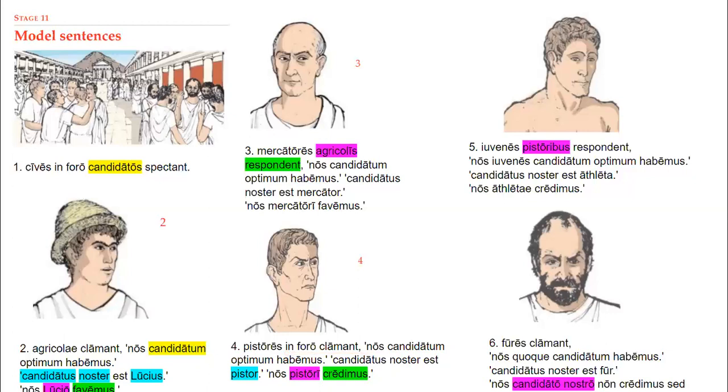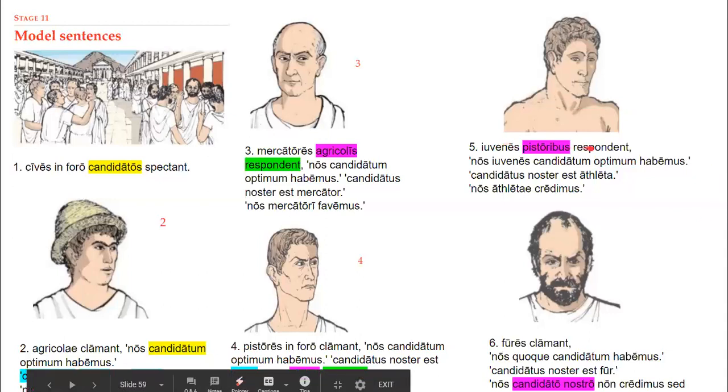Nos pistori credimus, nominative subject, dative of indirect object, or well, dative of advantage, and credimus is an intransitive verb that takes a dative. So we, to the baker, give our trust, or we trust the baker. Okay.